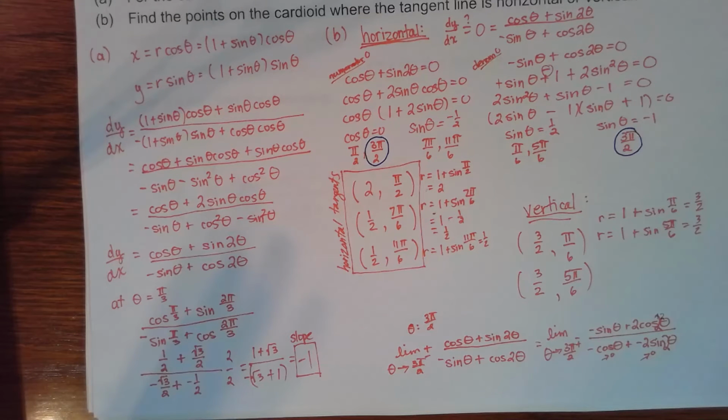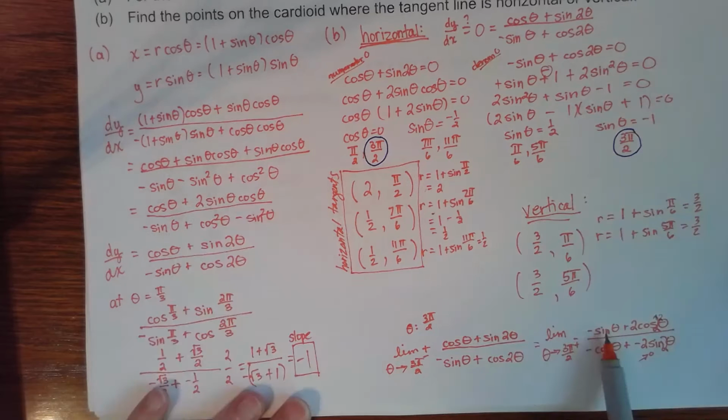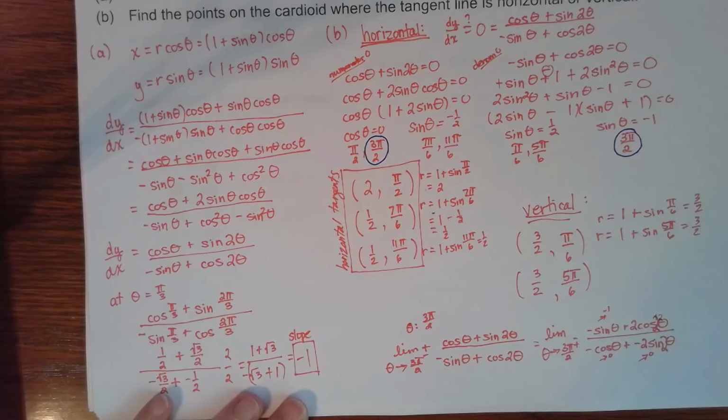What about the numerator? Well, the sine of 3 pi over 2 is negative 1. Whether I approach it from the left or the right, this one's going towards negative 1.